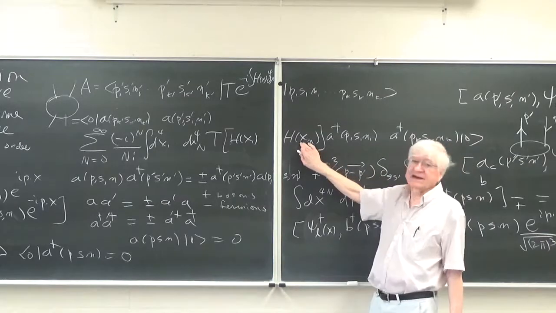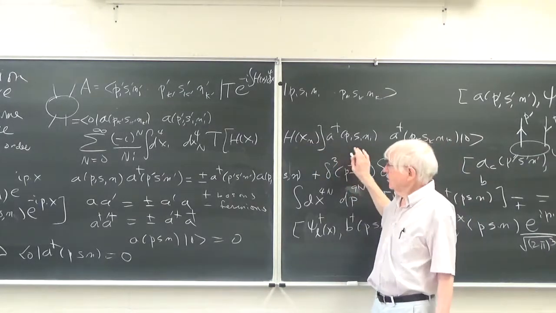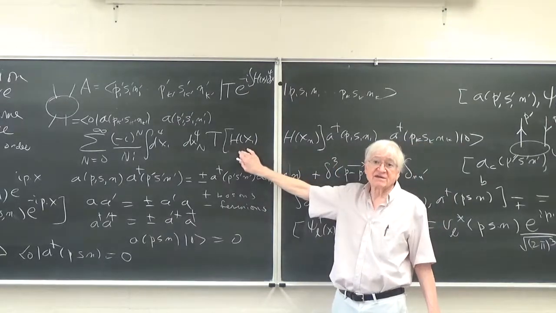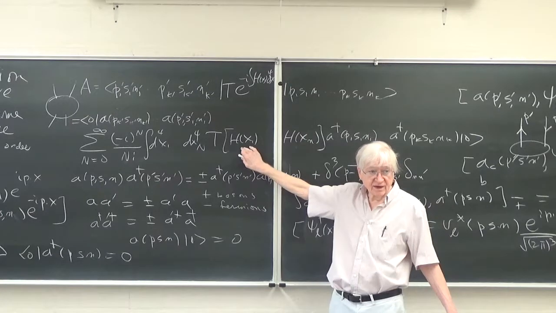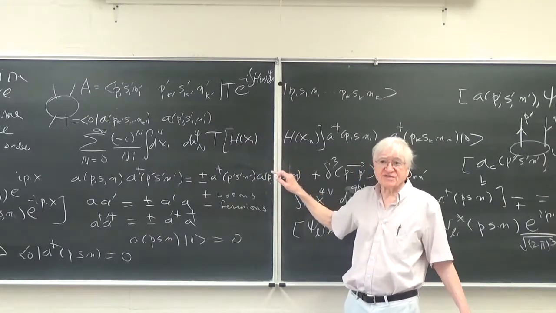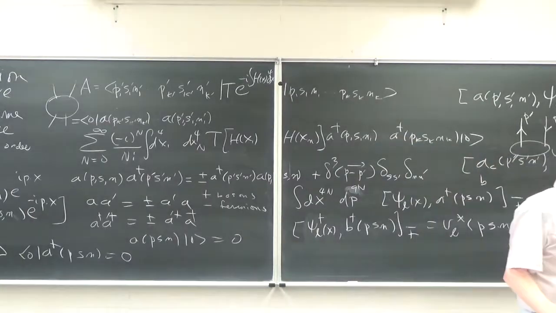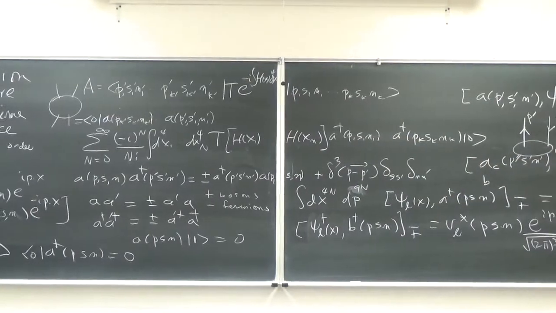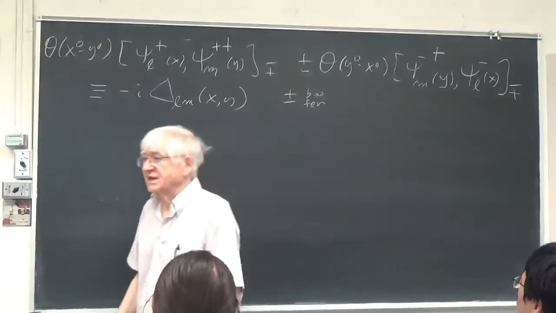Well, it could be annihilated by h of xn, or it could be annihilated by the analogous field in h of x1. And so you've got n factorial choices for that. And what happens is typically the n factorial cancels. On the other hand, sometimes it doesn't.